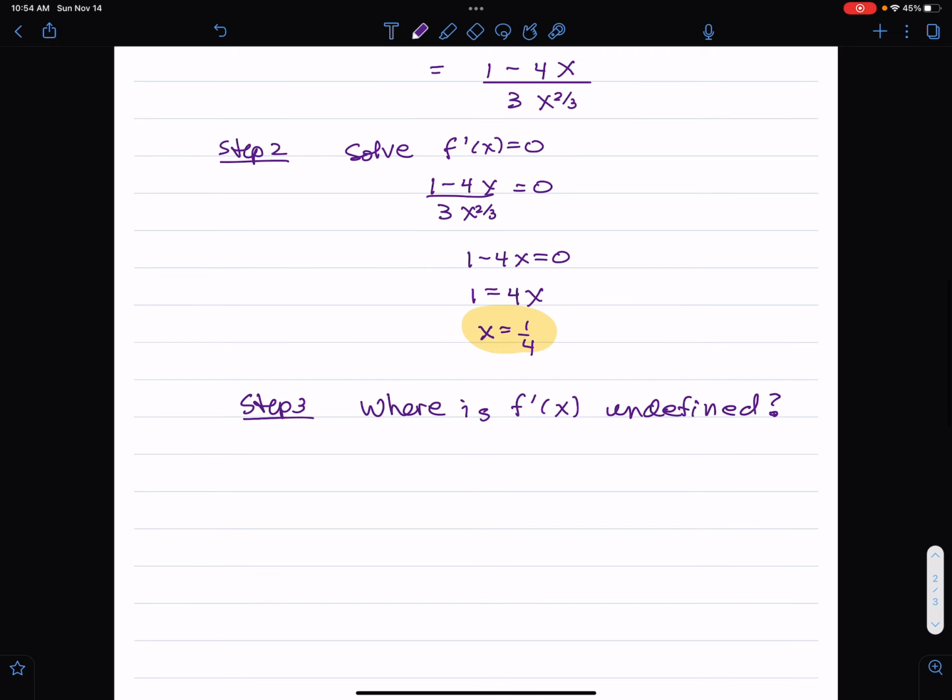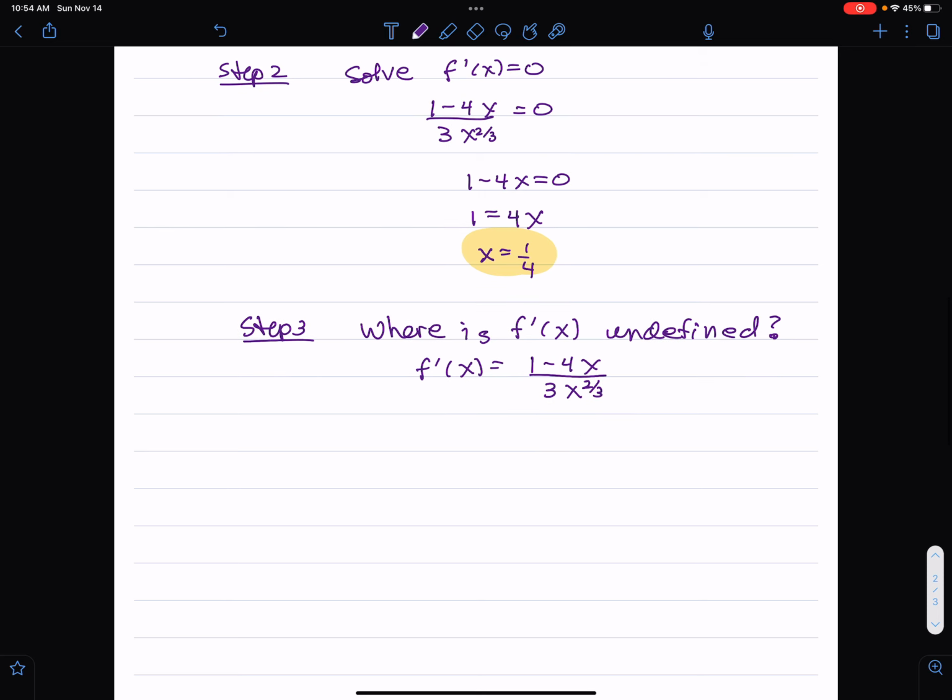But in this situation, we have f prime of x equals 1 minus 4x over 3x to the 2/3, and we have a fraction. Whenever we have a fraction and we're looking at domain issues, or where is f prime undefined, we should ask ourselves, what about the denominator? So 3x to the 2/3 equals 0 when x equals 0.